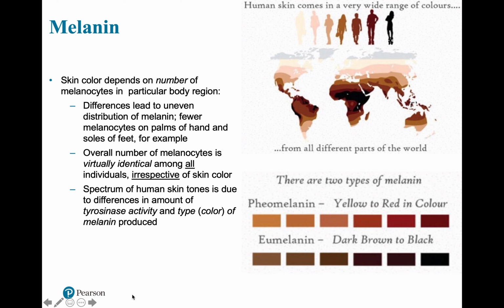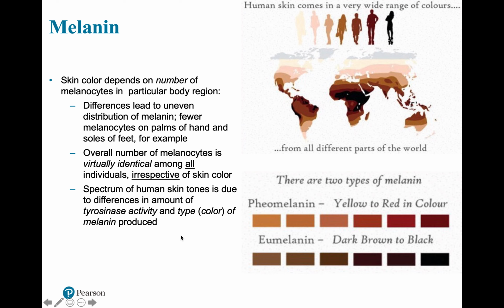And then another determinant of skin color is the type of melanin you have. This is determined by genetics, whether you have pheomelanin or eumelanin. If your melanocytes produce a lot of pheomelanin, you will be on more of a yellow to red spectrum of skin tone. Whereas if you produce more eumelanin, then you would be in this spectrum of skin tone, all right?